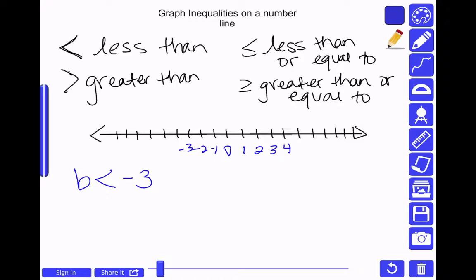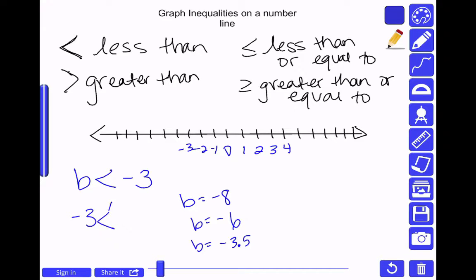So if b is less than -3, then what that means is b can be any number that is less than -3. So b could be -8, b could be -6, b could be -3.5. b cannot equal -3. Why?